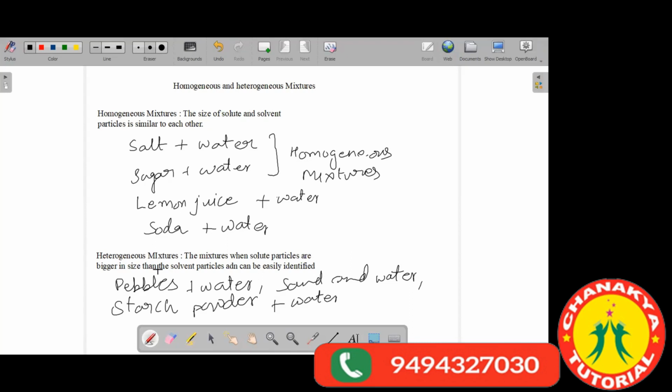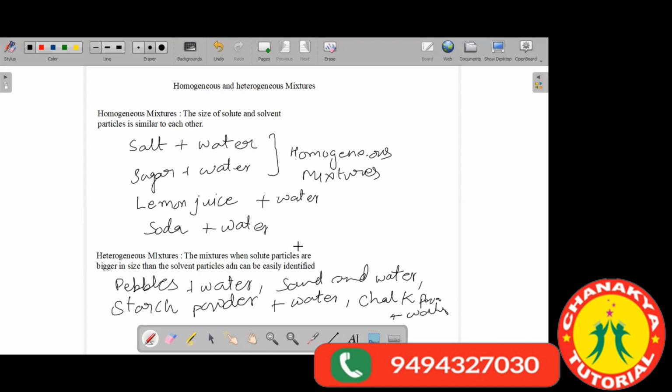As we can see, in heterogeneous mixtures the particles of solute and solvent do not get mixed up well with each other, so they can be easily identified. You can have chalk powder and water. It is also a heterogeneous mixture.